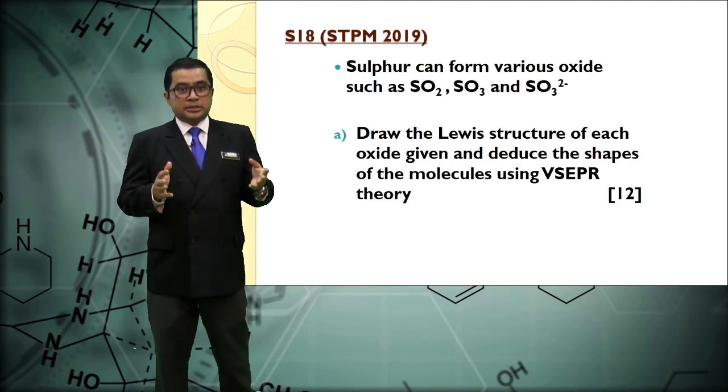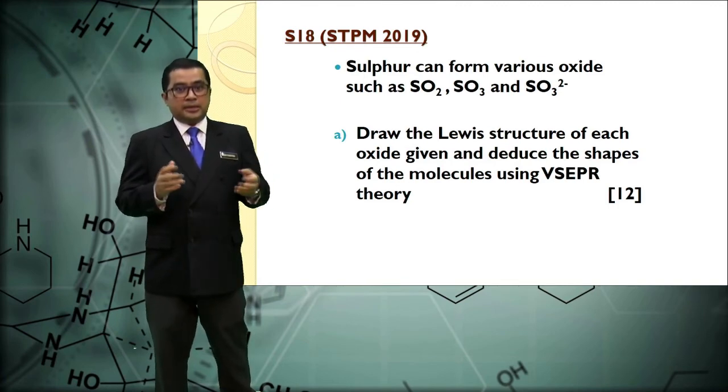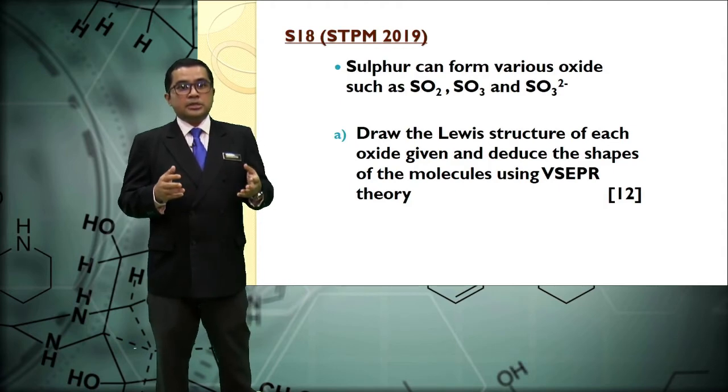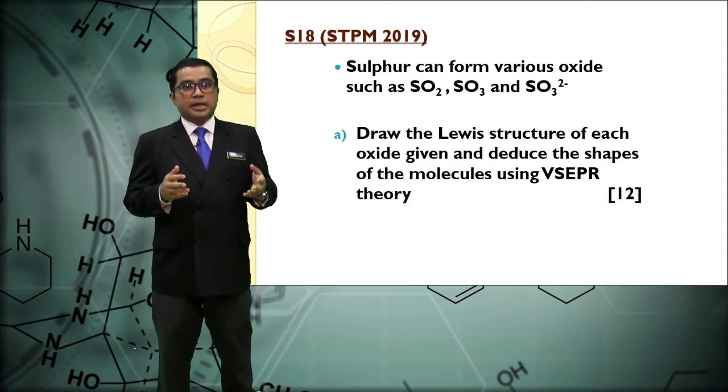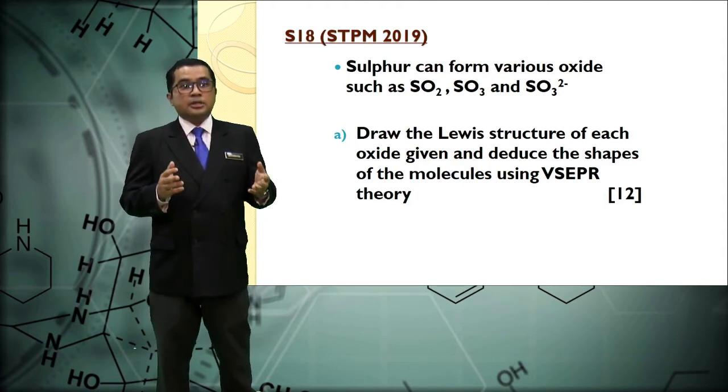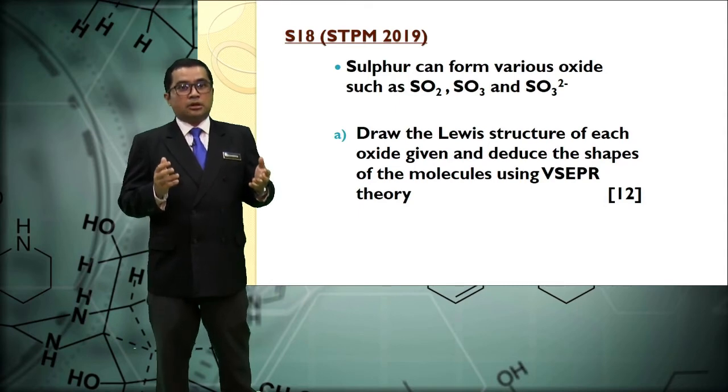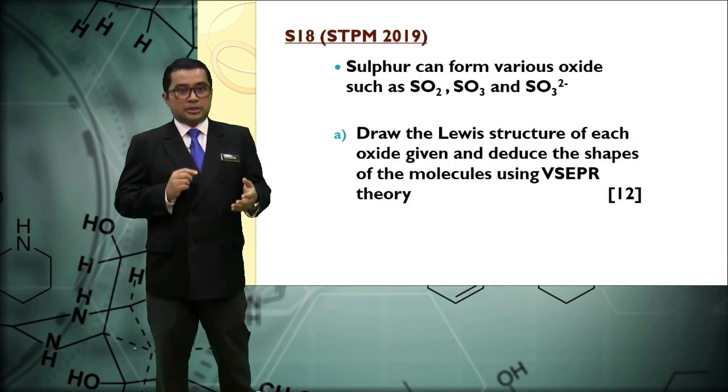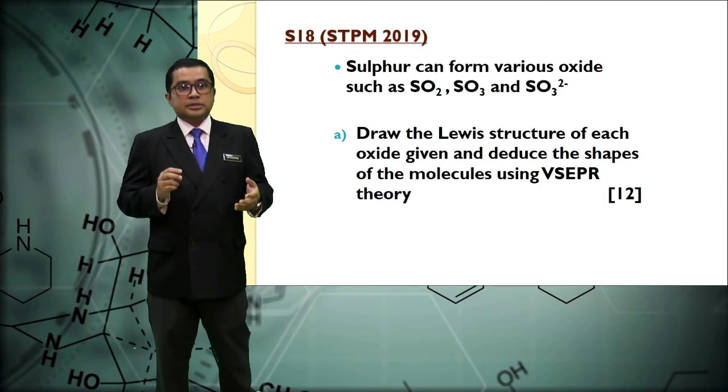Now look at the question. Question A: draw the Lewis structure of each oxide given, and next deduce the shape of the molecules using VSEPR theory. The marks given are 12 marks.